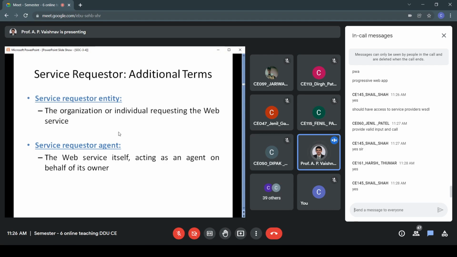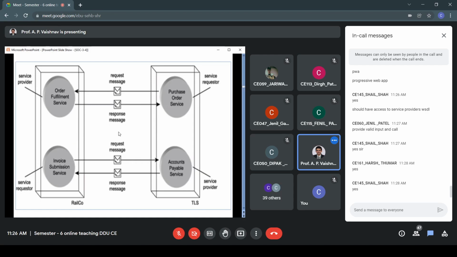And the company where the requester is hosted is known as entity, right? So similar terms: service requester entity, service provider entity, service requester agent, service provider agent. There are four terms that we should know. Okay, fine. Next comes the order fulfillment service and the example.